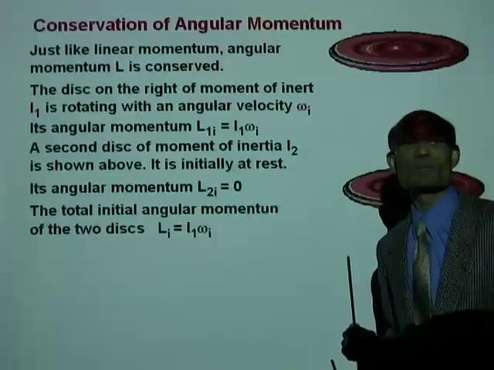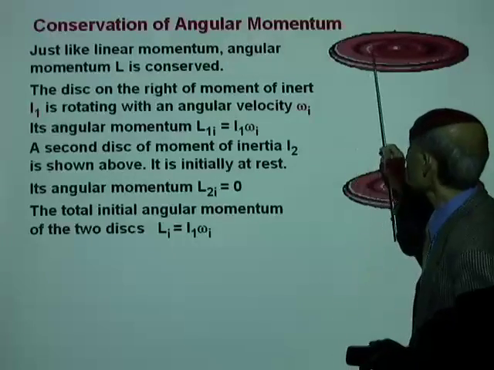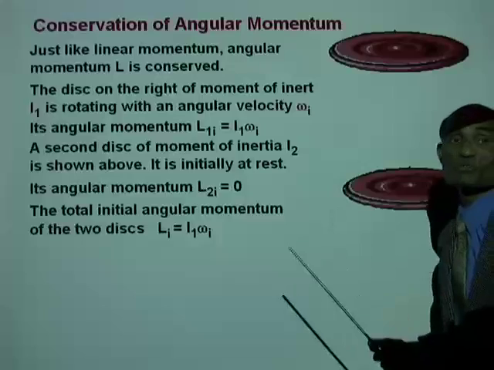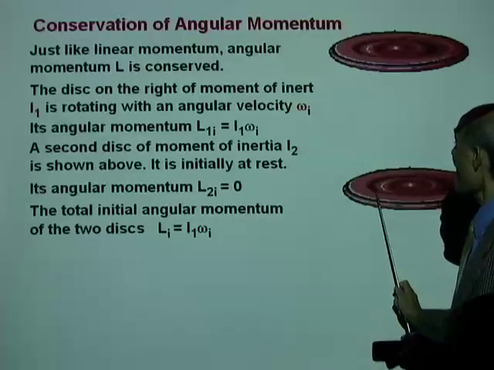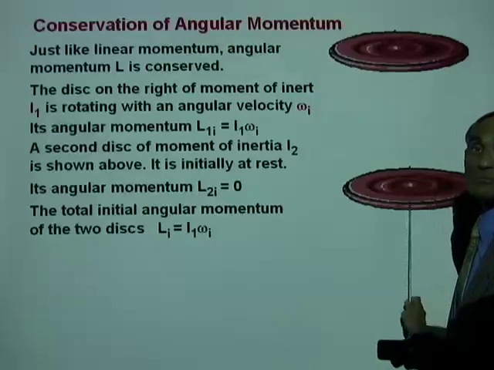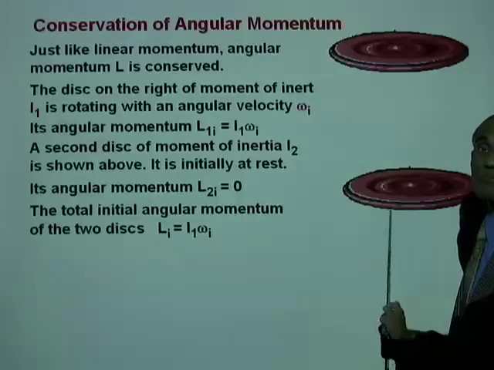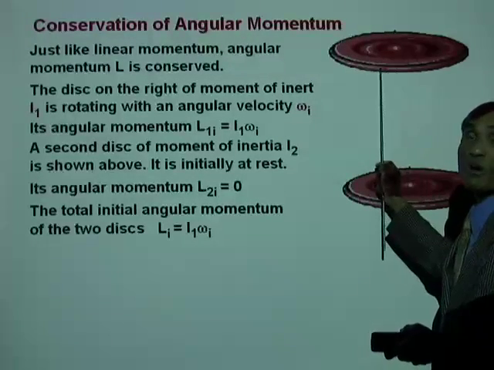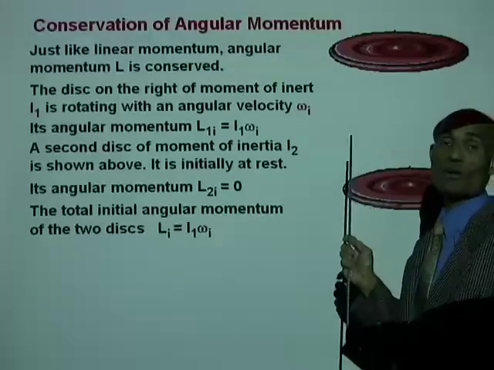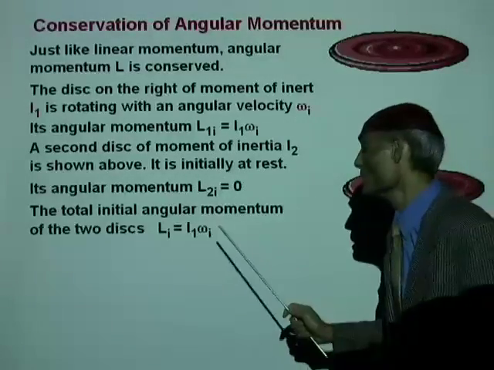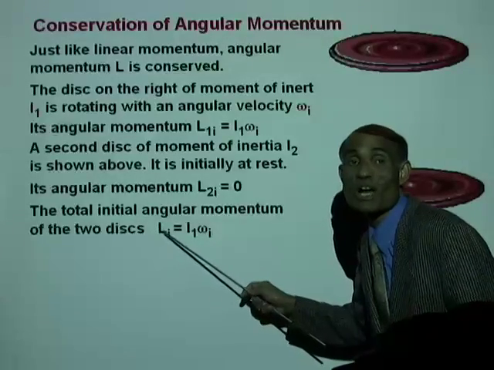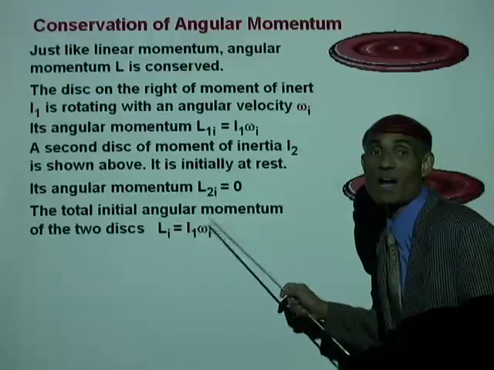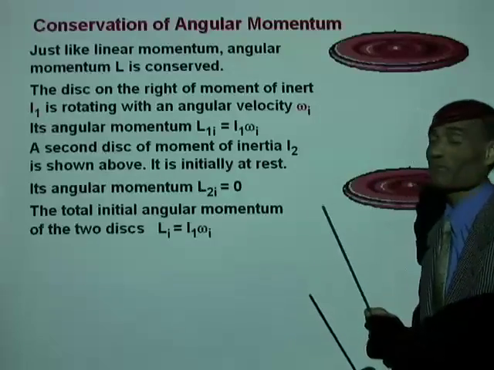L2I equal to 0. Therefore, the total momentum of these two disks now is I1 omega I, the angular momentum of this disk, plus 0 because that has no angular momentum, it is not rotating. The total angular momentum Li, initial angular momentum, is I1 omega I.